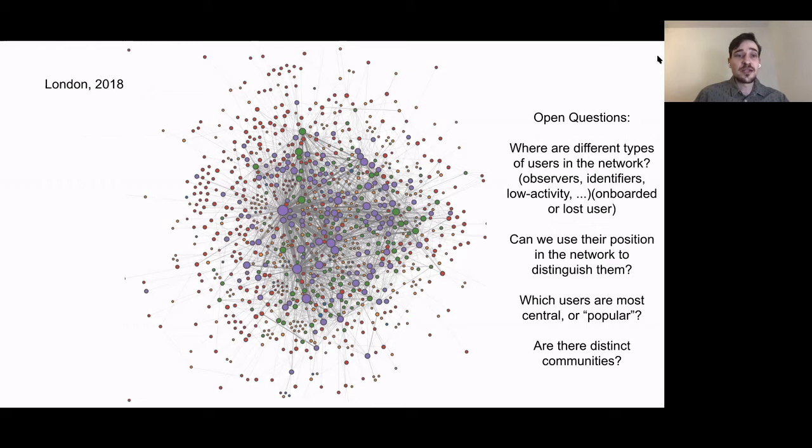Which users are most central or most popular? And also if there are distinct communities of users that tend to interact with one another more than with others. For example, one could imagine that users that look at water species form such a community. And yeah, so we're in the early stages of looking at that structure.